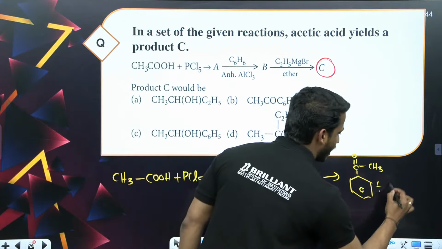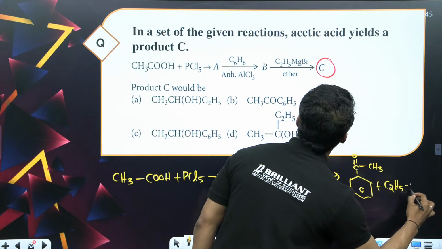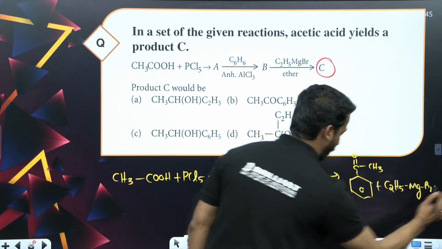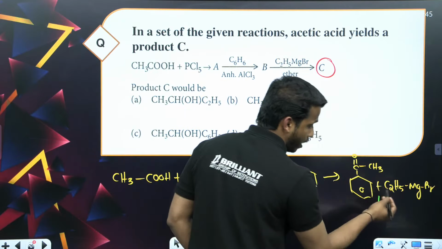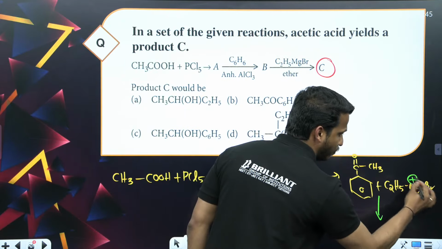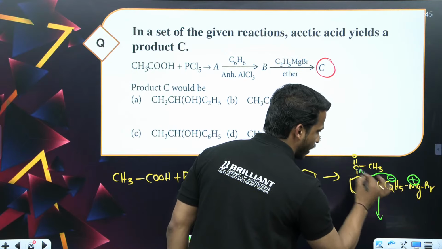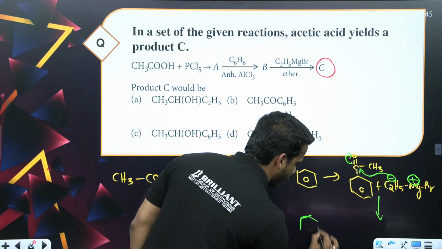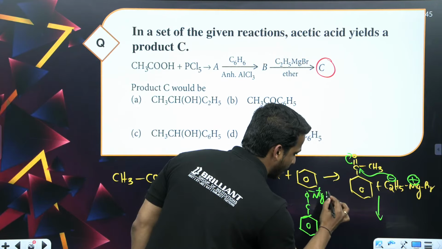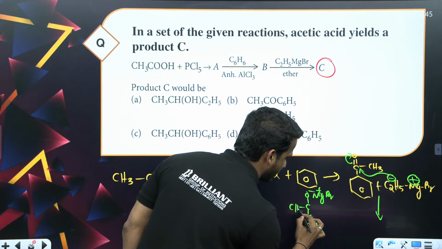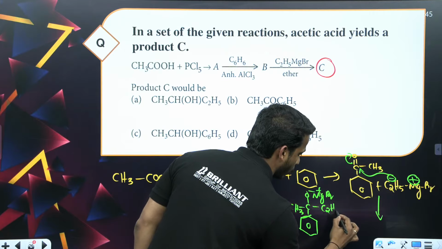Acetophenone when reacted with the Grignard reagent, C2H5MgBr, what happened here? Grignard reagent reacting with the ketone. The Mg plus, this minus will attack, here becomes O minus. You will get benzene with C-O minus, and the minus MgBr will attack, here already one CH3 is there and one C2H5 also attacked.